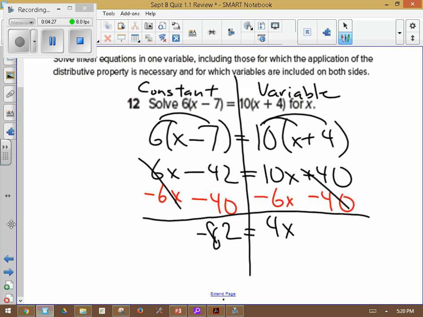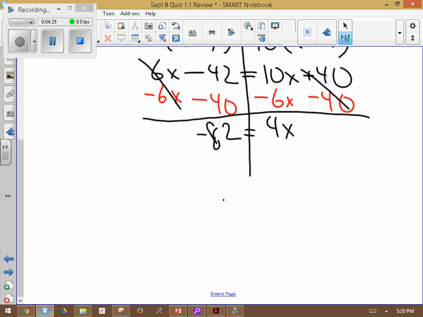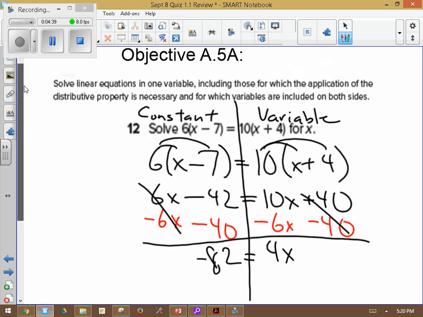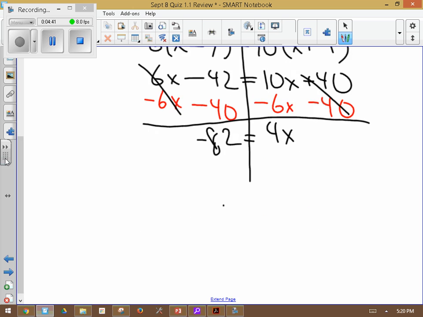So in order to isolate the x, we notice that on the variable side we still have one constant left, and it's being multiplied times the variable. So we have to divide it out to get rid of it. And what we do on one side, we do on the other.